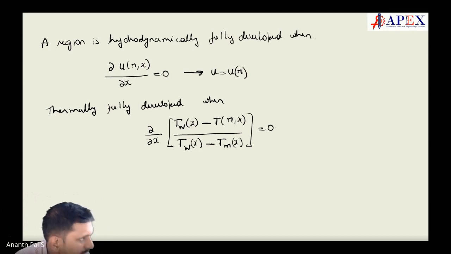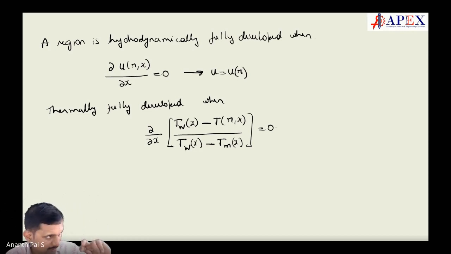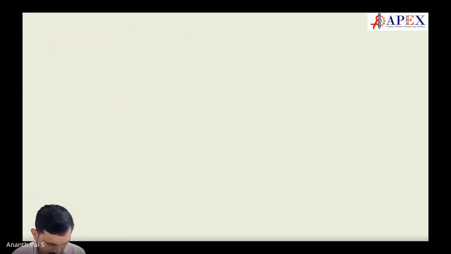Makes sense. Next point. Always in the velocity boundary layer or pipe flow, what is more important for us? Wall shear stress. Agreed? So, have you written this down, everyone?